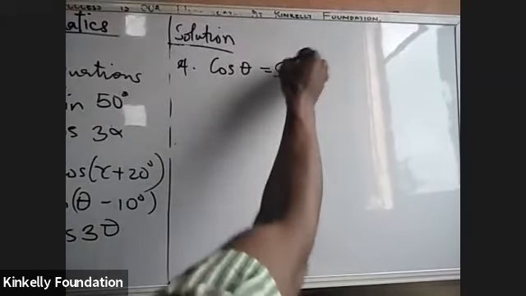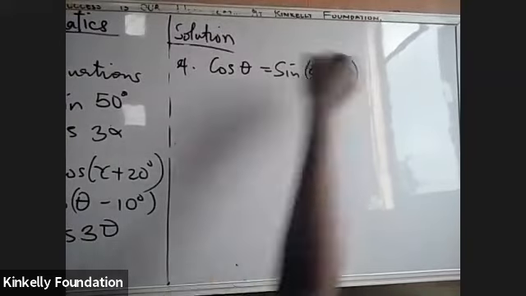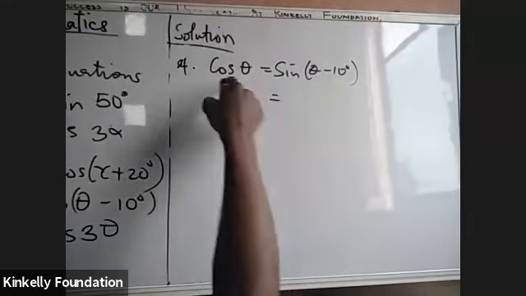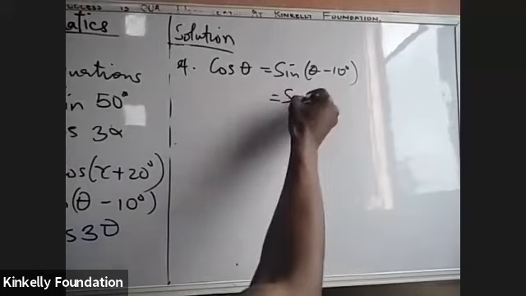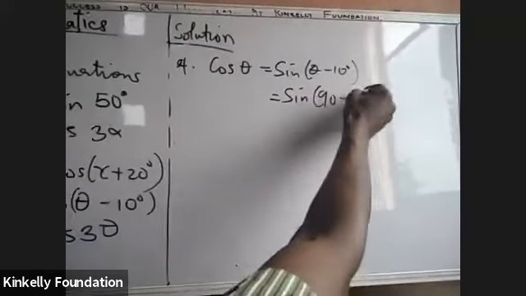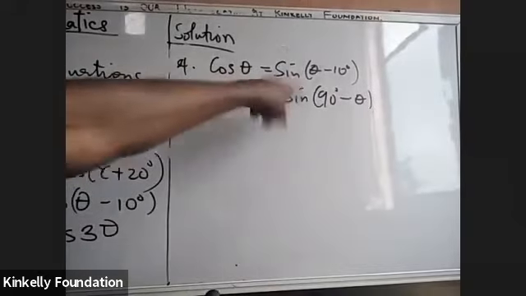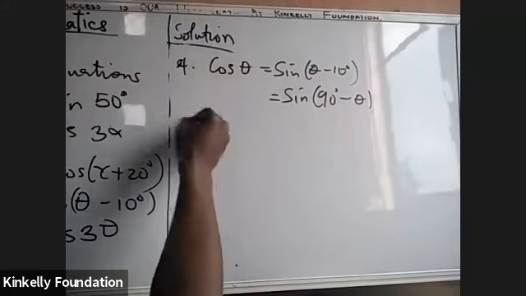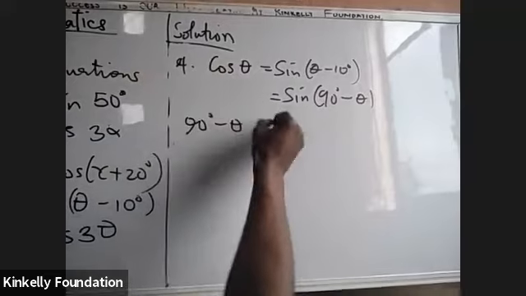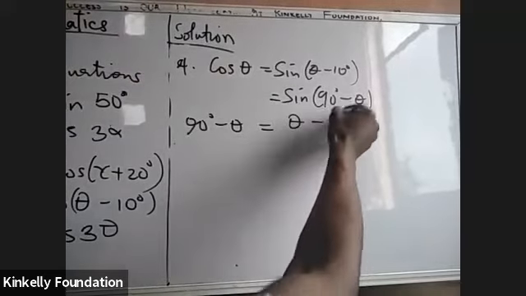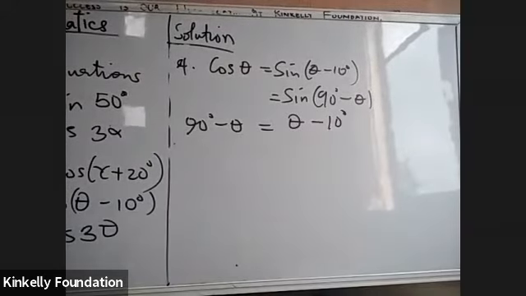Cos theta is equal to sine of theta minus 10 degrees. So know that cos theta is the same as sine of 90 minus theta. Equating the two together, we have that 90 degrees minus theta is equal to theta minus 10 degrees.